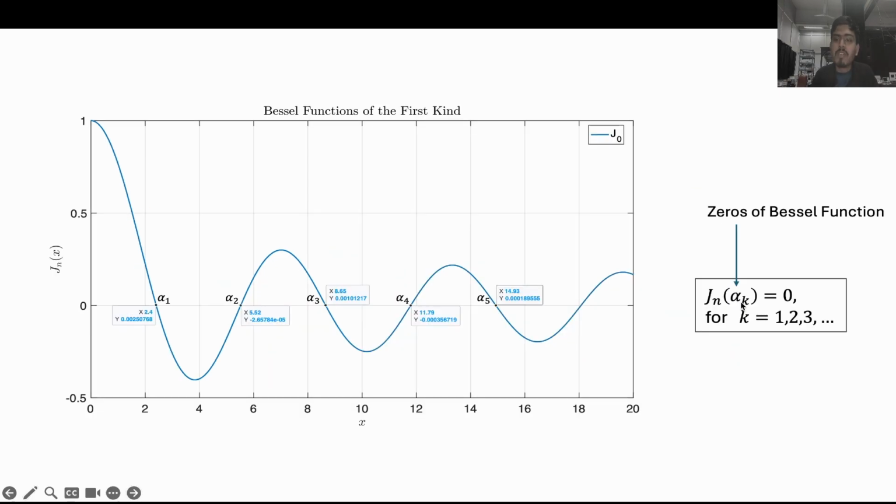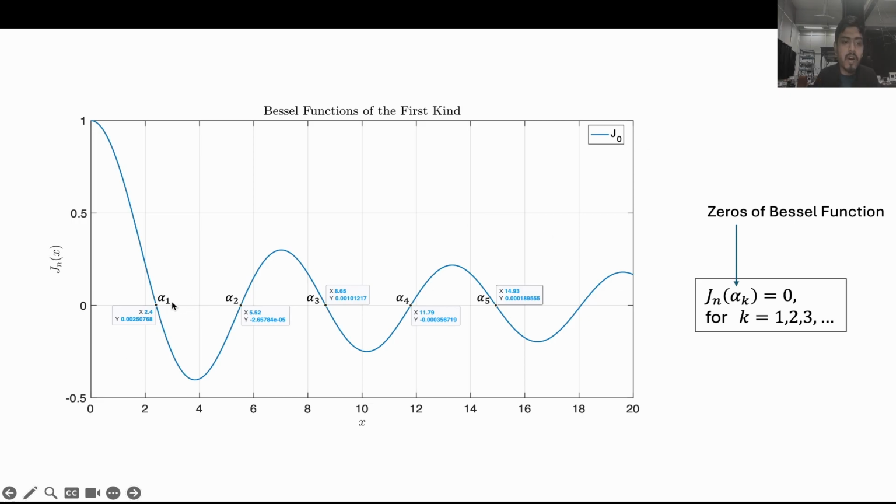Now let's talk about the zeros of this Bessel function. The zeros of Bessel function means the values of x, in this case alpha 1, alpha 2, alpha 3, alpha 4 and alpha 5, where the Bessel function becomes 0. These are called the zeros of Bessel function. For example, at x around 2.4, J0(x) becomes 0.